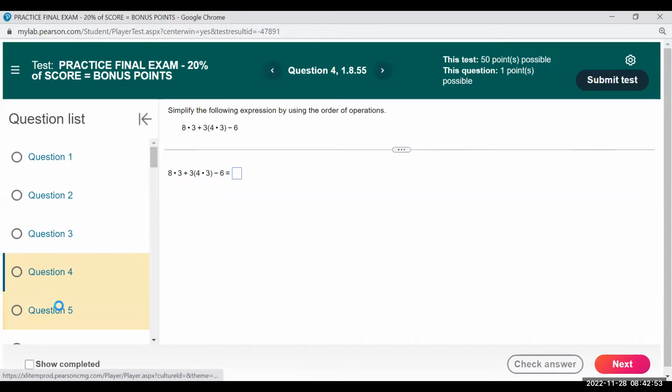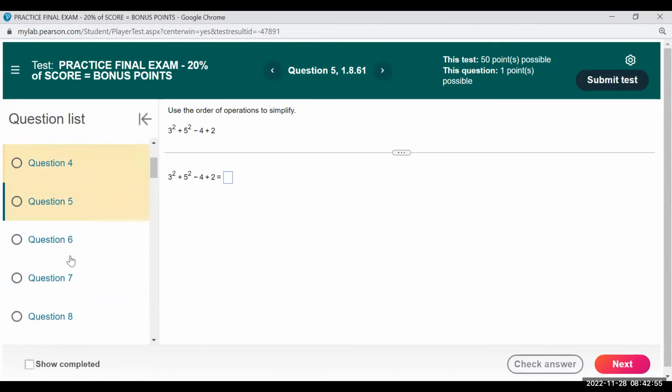Question 5. Use order of operations to simplify. What does it mean to simplify? To combine like terms.